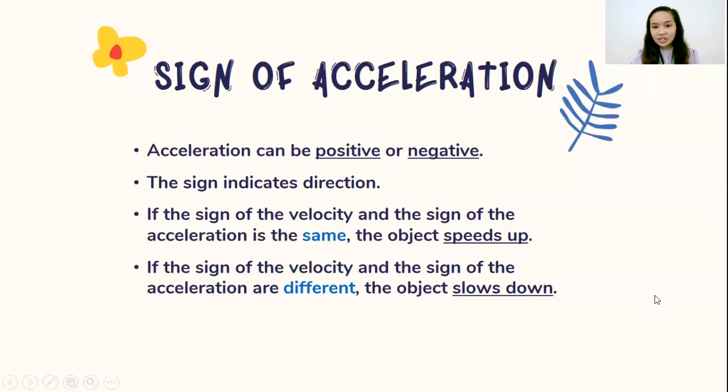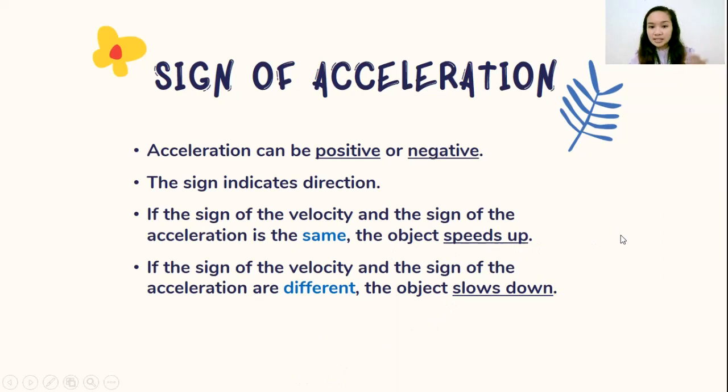Here, your acceleration also has a positive or negative sign that indicates your direction. The positive and negative in your acceleration are important because acceleration is again a vector quantity which needs direction. Now if the sign of velocity and the sign of acceleration are the same, meaning your velocity and acceleration are going in the same direction, your object speeds up.